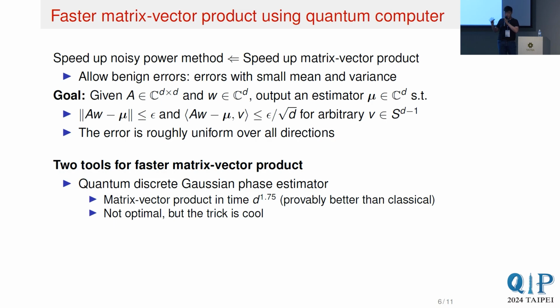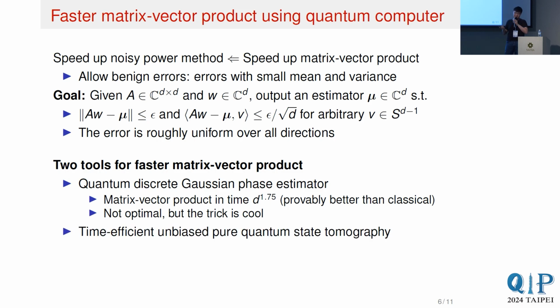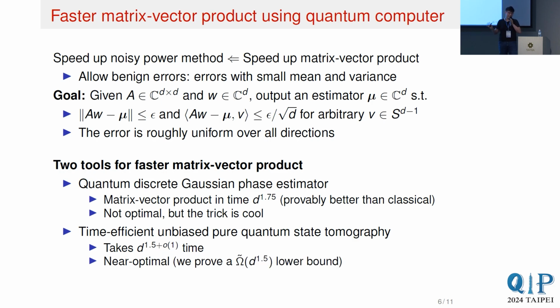We still include it because we think it is a more elementary tool, and it looks quite cool. Our second method, which achieves the near optimal upper bound, is called time-efficient unbiased quantum state tomography. We end up with d to the 1.5 plus o(1) time, and as I said, it's near optimal because we show a d to the 1.5 lower bound.